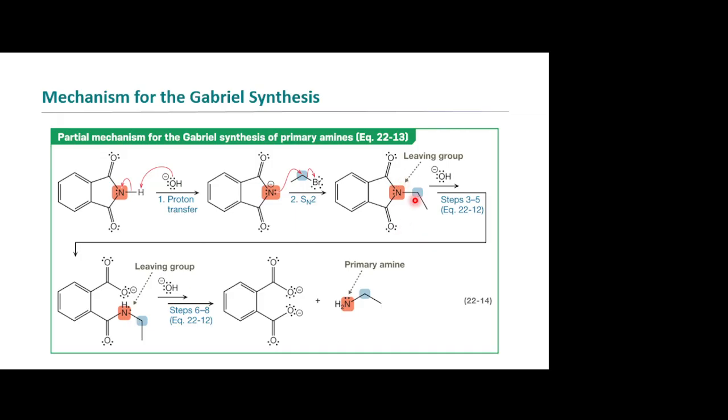So the next thing we're going to do is take strong basic conditions, the same sort of conditions we've been doing over and over and over in this chapter, right? You starting to feel a little frustrated with me? Okay, it's okay to do this like 10 times. And so we're going to do that same sort of attack where we attack the carbonyl again. This is going to give us this leaving group here.